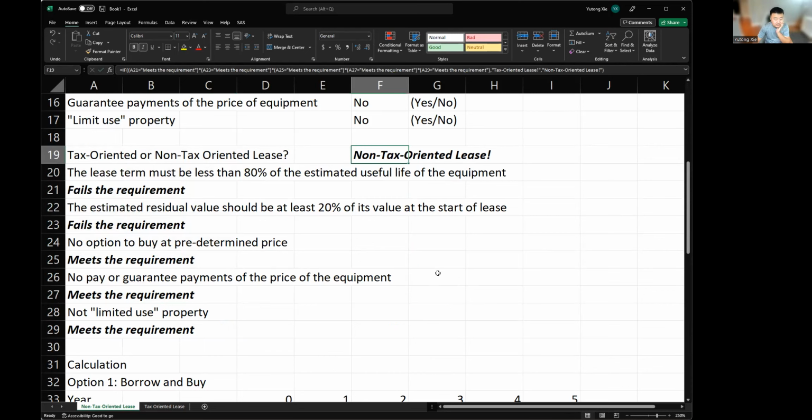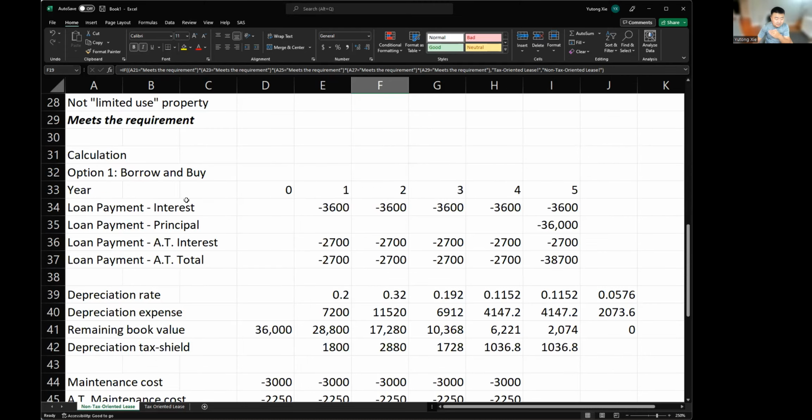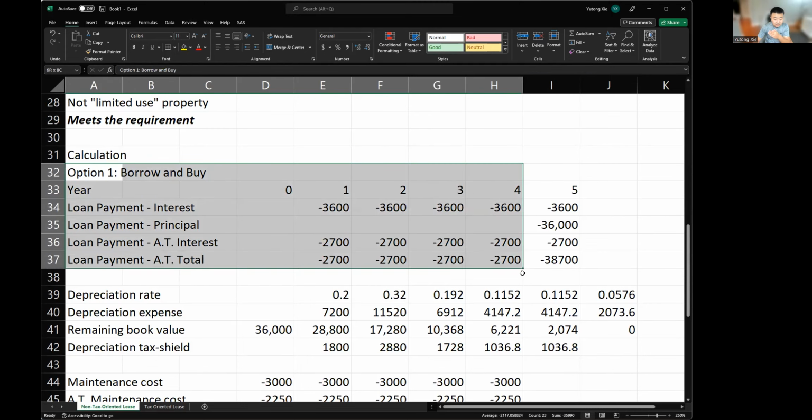If it's a non-tax oriented lease, we don't really need to do much, but we need to change the output a little bit, because in this example, the borrow and buy option is no longer a non-amortizing loan, but instead it's an amortizing loan. So we need to figure out how much interest and principal we're paying each year.